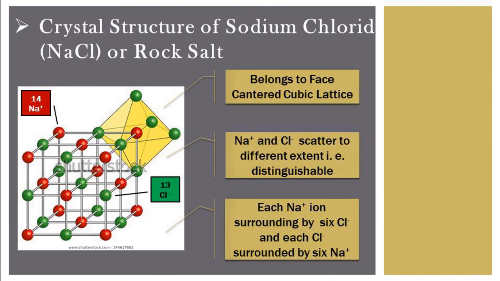In the NaCl crystal, Na+ and Cl- scatter to different extents because of the different atomic numbers, that is, these are distinguishable. The third important aspect of the crystal structure of sodium chloride is that each sodium ion is surrounded by 6 chlorine ions and each chlorine ion is surrounded by 6 sodium ions.